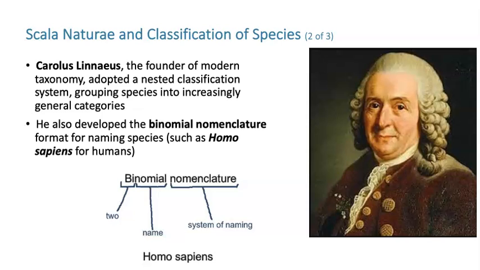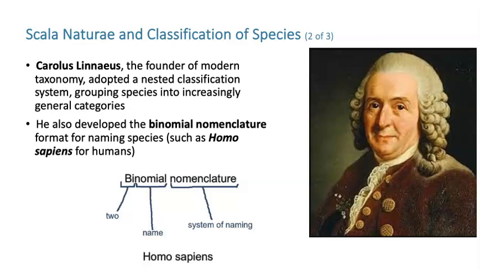After Aristotle, actually quite a bit after Aristotle, here we're talking a millennia later, we could think about another way of classifying species. And Carolus Linnaeus is the founder of modern taxonomy, and all that taxonomy means is the way of naming things.